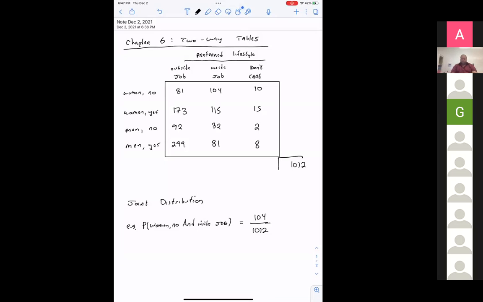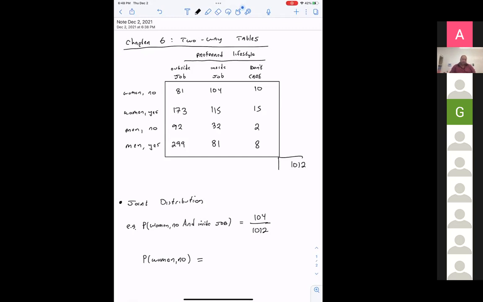That's a joint distribution because the only way to calculate it is to combine two variables together at the same time, jointly. But what if I ask the following question? What's the probability that I just pick a woman with no college? What would that be? So how would I compute such a thing?